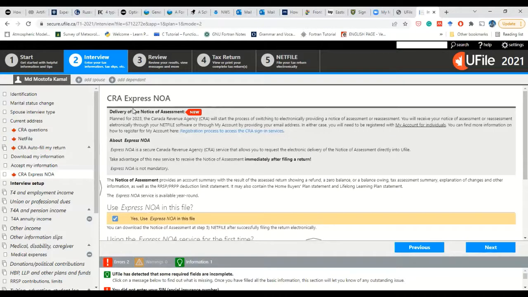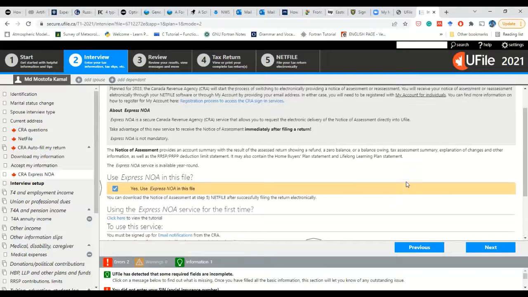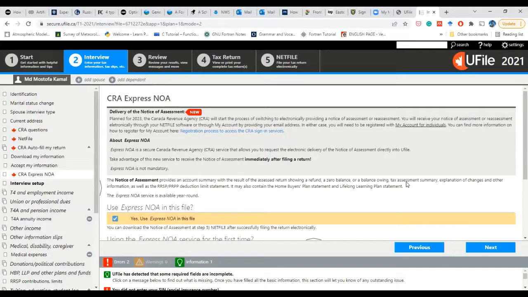Now it is the CRA Express notice of assessment. After we fill and submit our tax return, the Canada Revenue Agency will evaluate it, and it will either accept it as it is, or further ask for some questions or documents. So the question is how you want to be communicated with, electronically or by post.